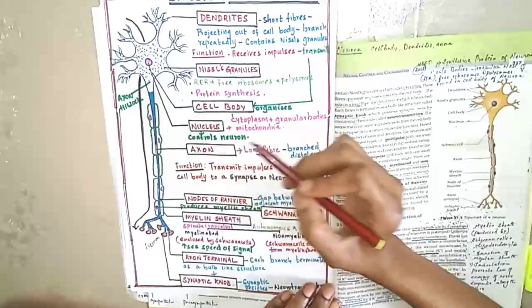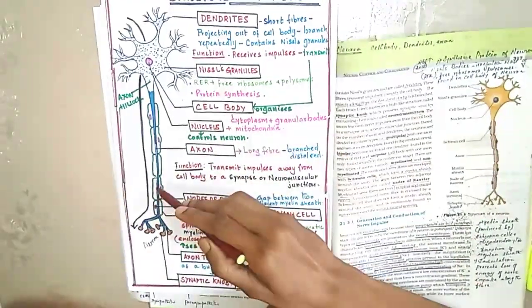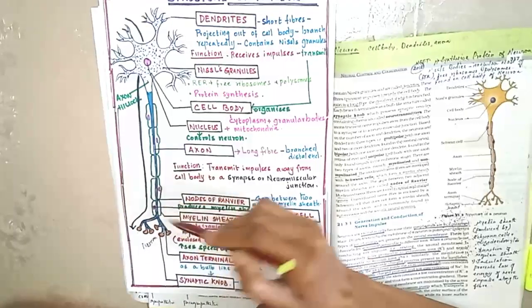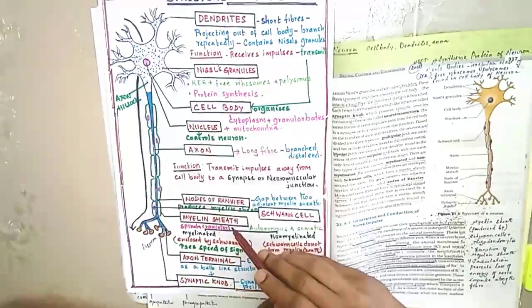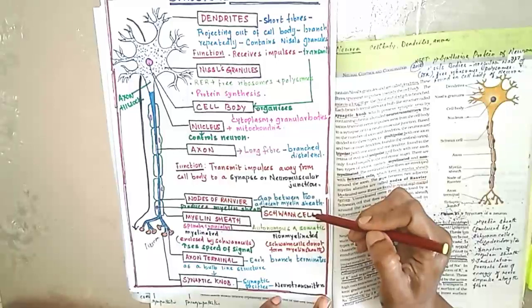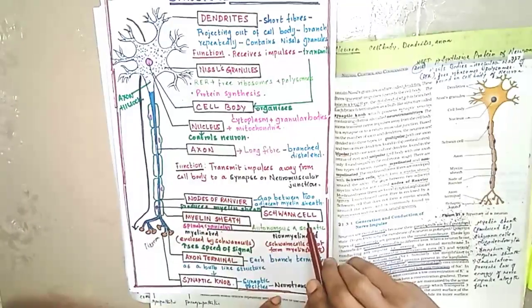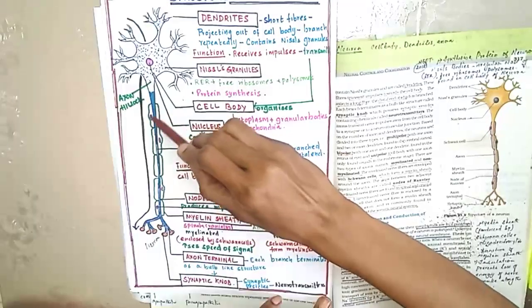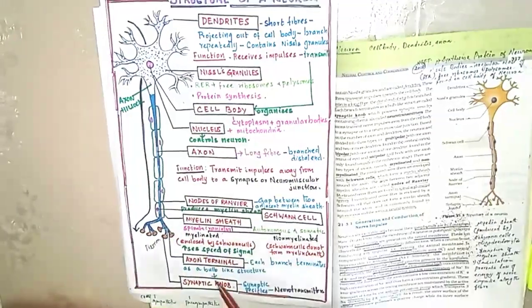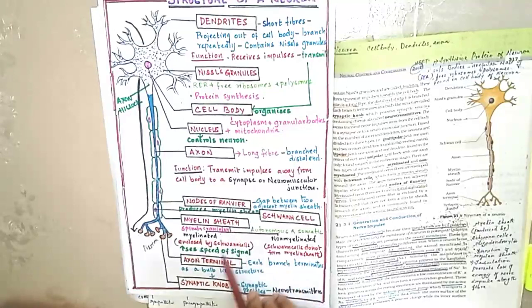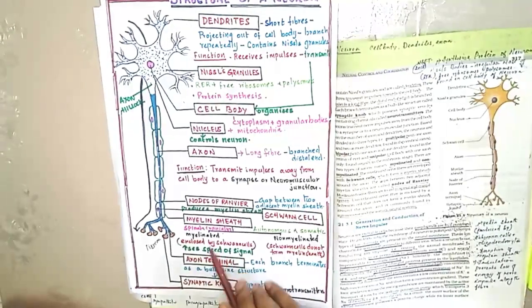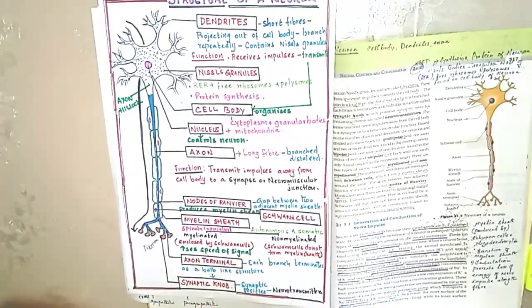This axon, the long fiber, is covered by a sheath called the myelin sheath. Sheath means a covering. This myelin sheath is produced by Schwann cells. This is one of the important MCQs: myelin sheath is formed by Schwann cells. The covering surrounding the axon is called the myelin sheath. Depending on the presence of myelin sheath, neurons are divided into two types, myelinated and non-myelinated.